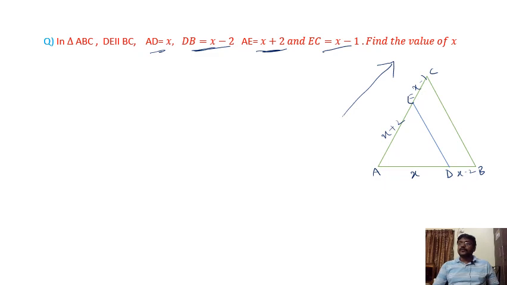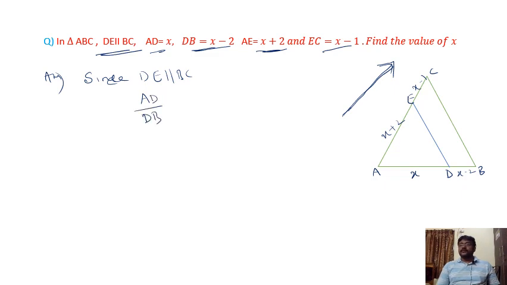Yes, I told you, you must see in this direction, triangle ABC. So if you see that, by Thales theorem, since DE is parallel to BC, by Thales theorem we can write AD by DB, here also AD by DB, is equal to AE by EC.